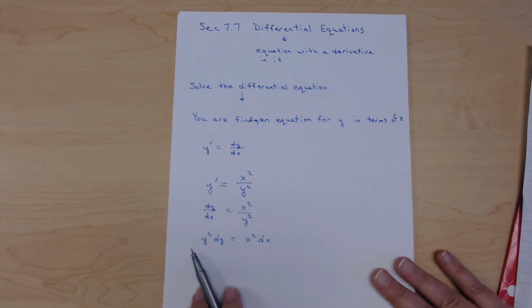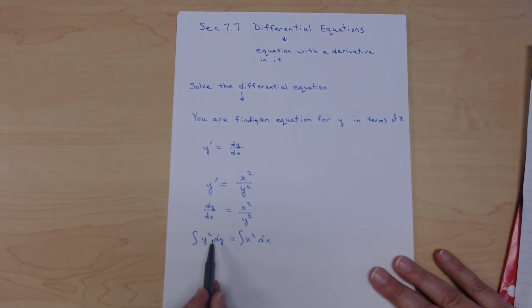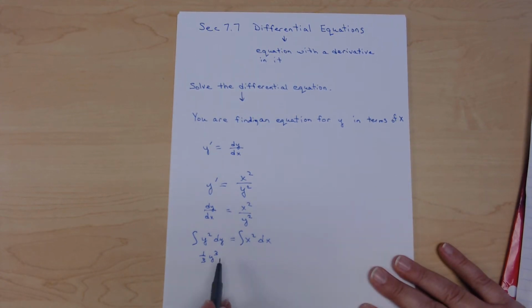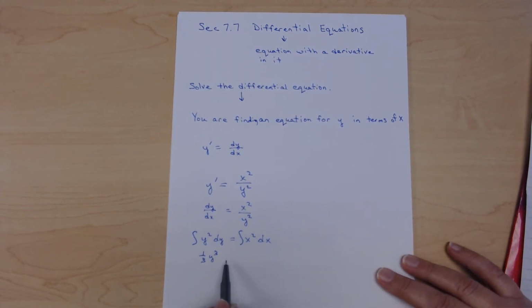As soon as you have that, you want to take the integral of both sides. Once we do, we add 1, divide by the new, so 1/3 y to the third, and the dy goes away because we want y in terms of x. Technically, it's plus c.